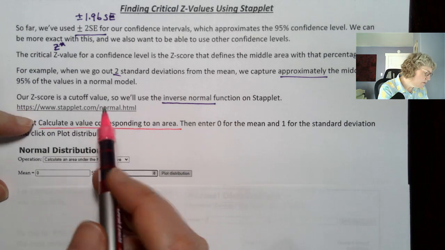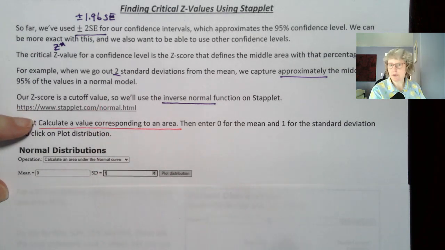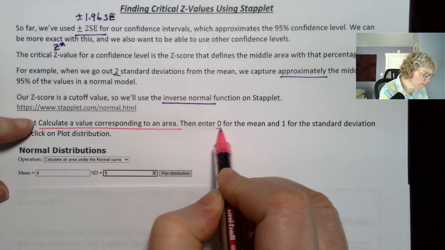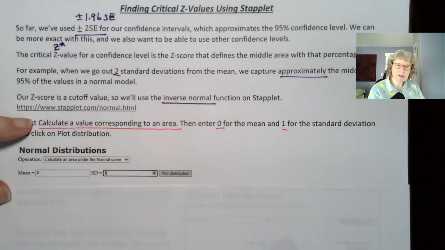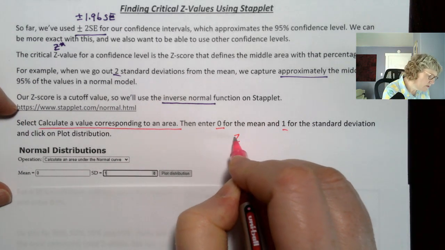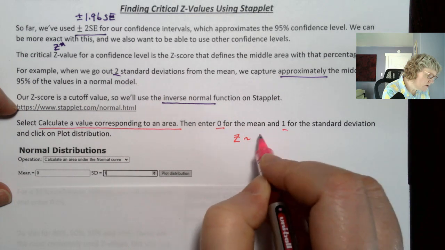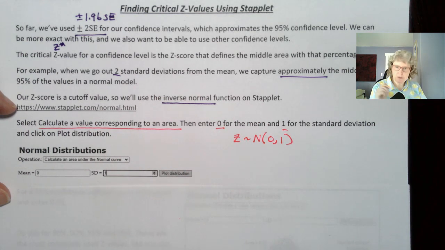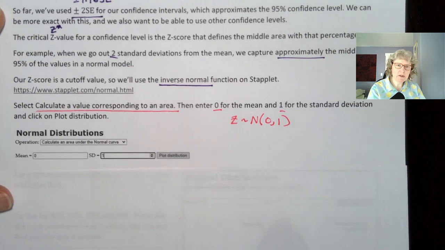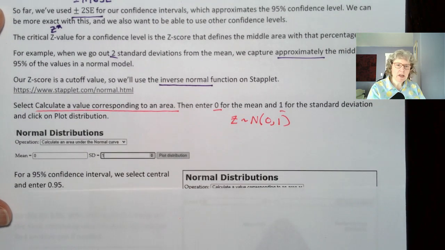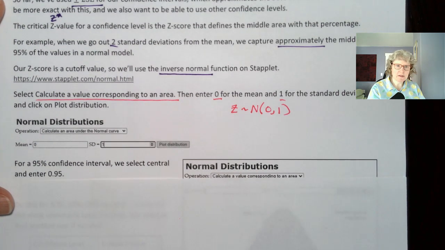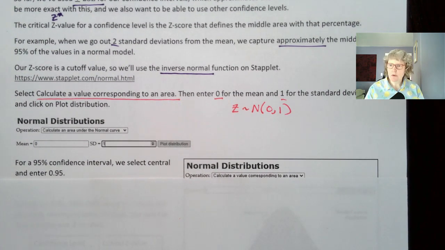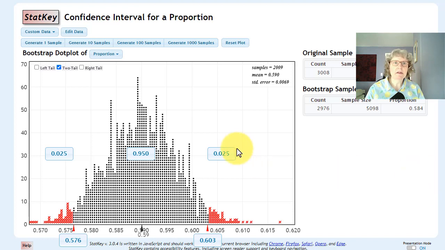And then we're dealing with z, so that means standard normal, right? So that means 0 for the mean and 1 for the standard deviation. Remember, our z-scores are distributed as normal 0, 1. So I'm writing z is distributed as N(0, 1). Okay, so we're going to put all this in here, and then we're going to enter whatever our confidence level is. So let me go over there and do that.